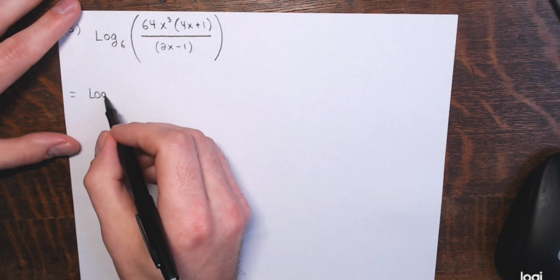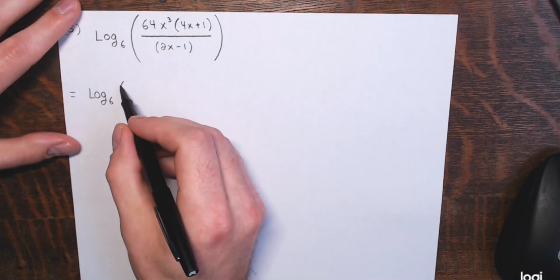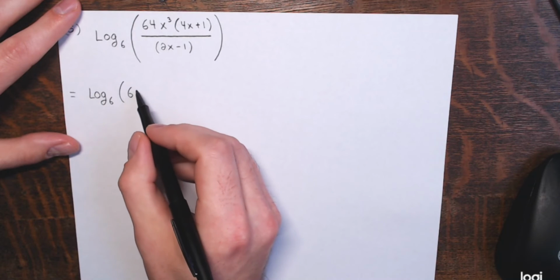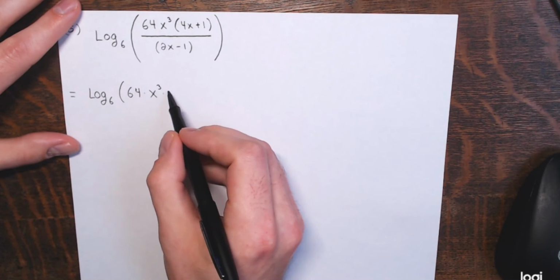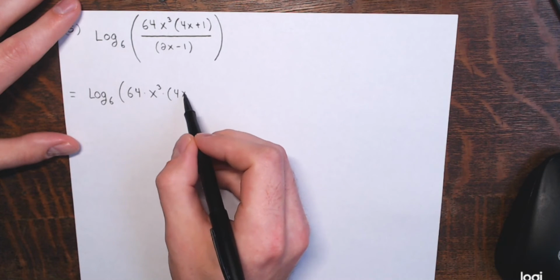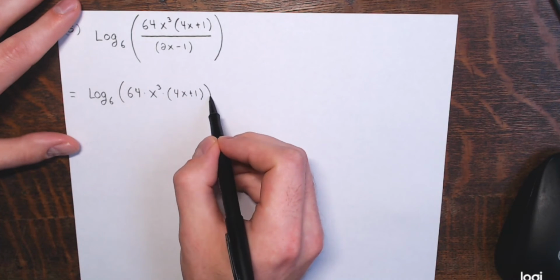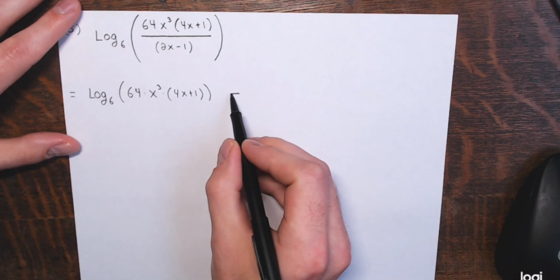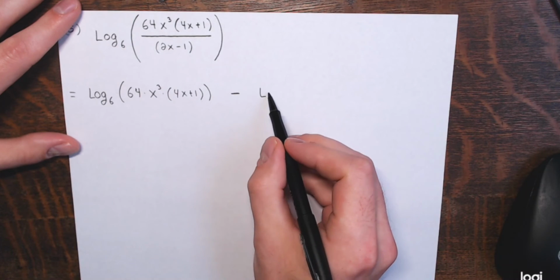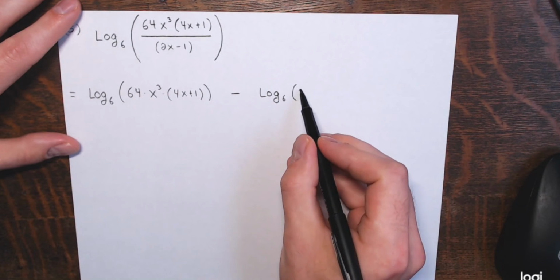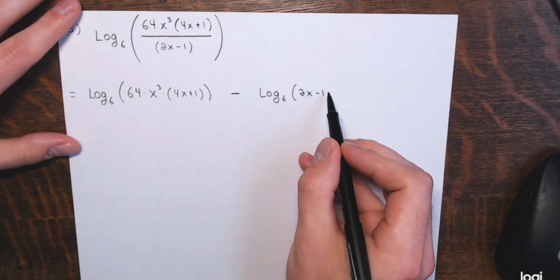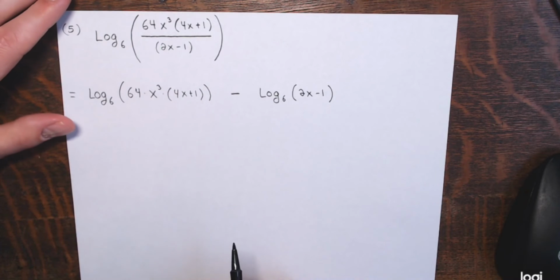Right, the log base 6 of the numerator, which has 3 factors, 64 times x cubed times the quantity 4x plus 1, minus, and then the log base 6 of the denominator, which is that 2x minus 1. Alright, so that's applying the quotient rule.